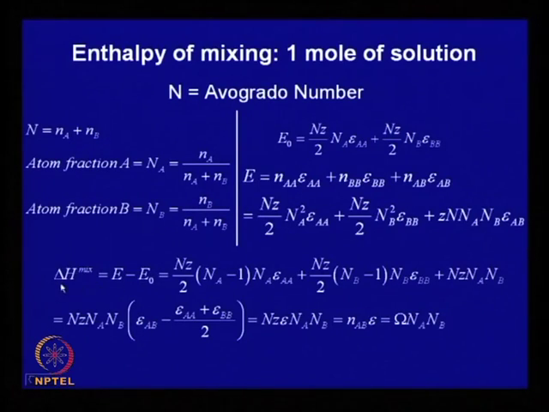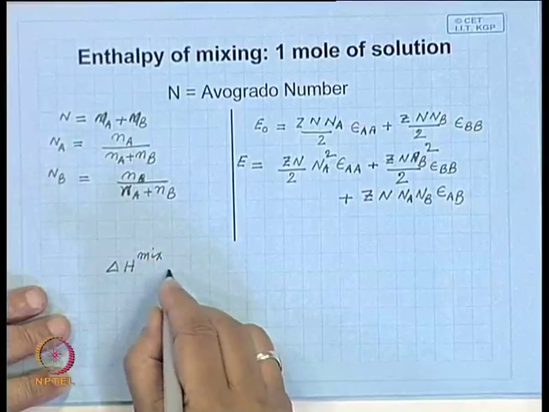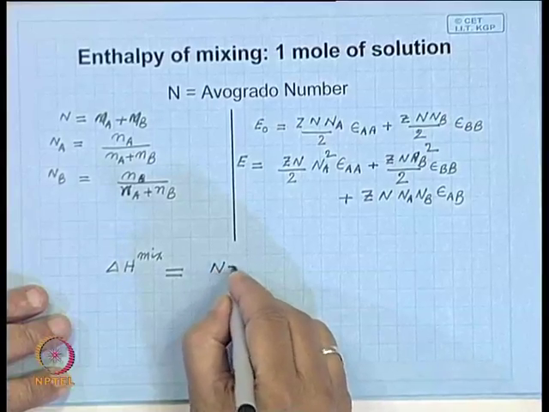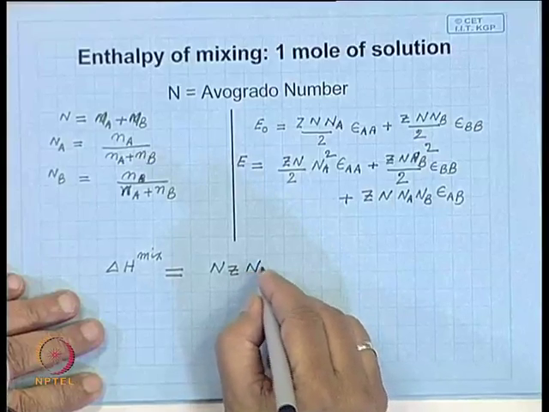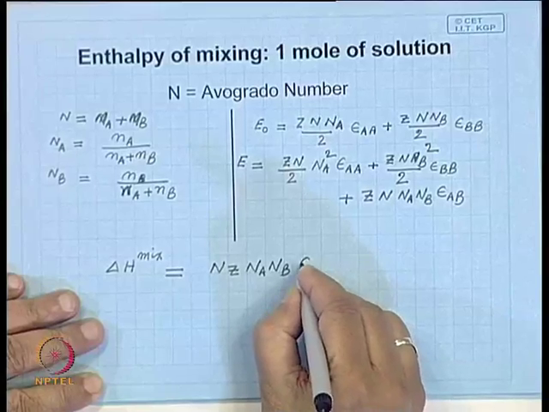Now, when you mix, the net energy change, the enthalpy of mixing, will be given by E minus E naught. With a little simplification, you will be able to show that the enthalpy of mixing is equal to the Avogadro number times the coordination number, then Na Nb, and an energy term.